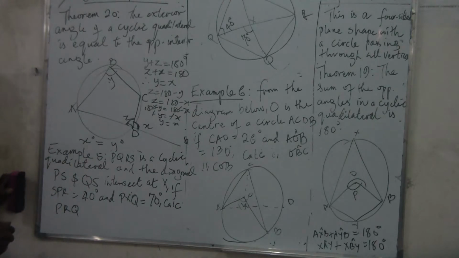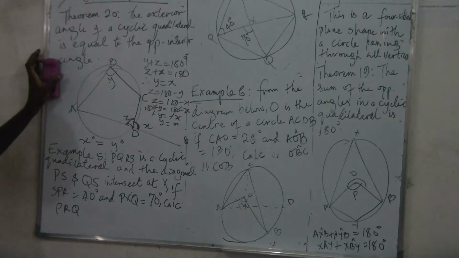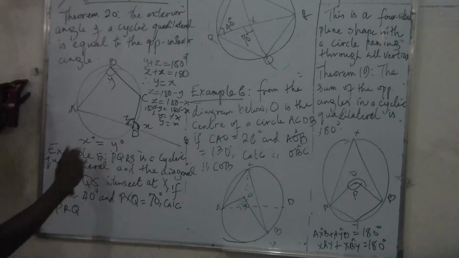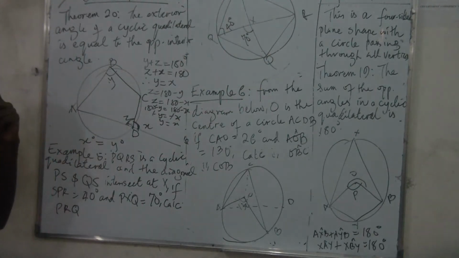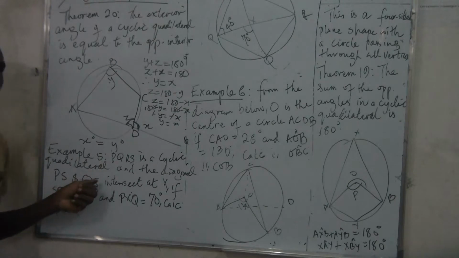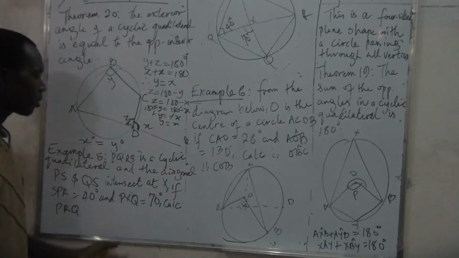So angle Y is equal to the opposite interior angle, which is X. We have an example on the board, and this example says that PQRS is a cyclic quadrilateral, meaning it is bounded by a circle.